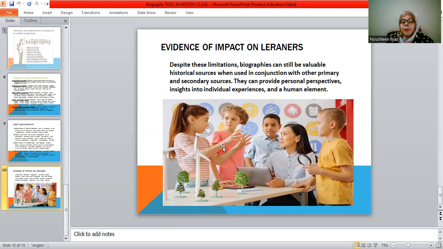All these are the members, and they were given one topic. So obviously, they come up with different ideas and different documentation by using this biography tool. So they will get a broader perspective of this tool.